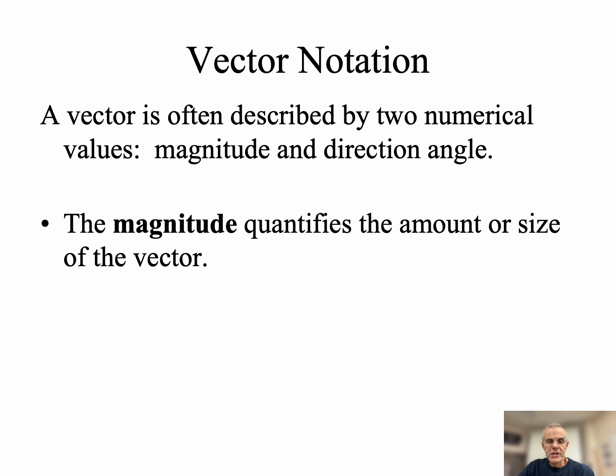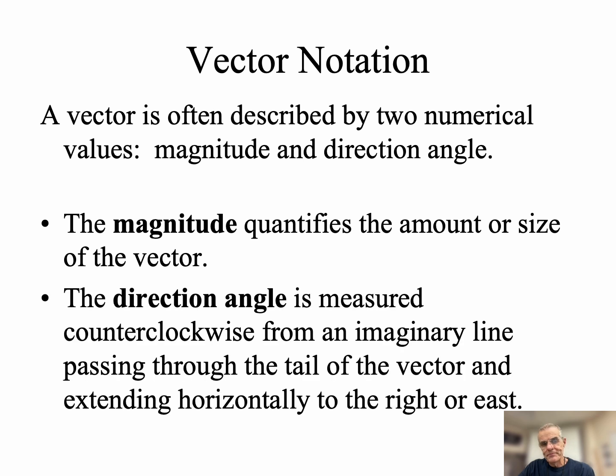But then we use this idea of a direction angle. So this is a very important idea to be familiar with. Many materials you see in physics will have a direction described by an angle. And you probably have seen this somewhere before.